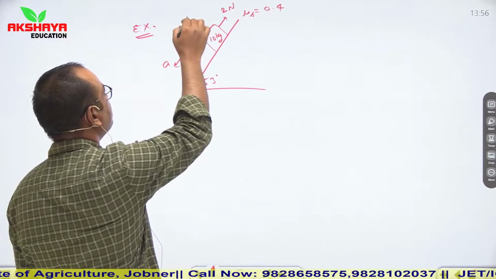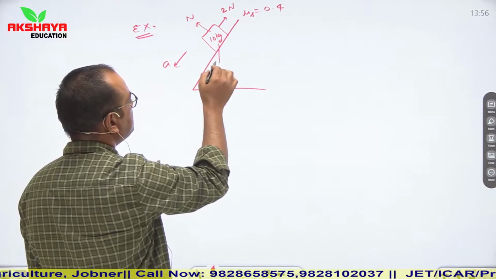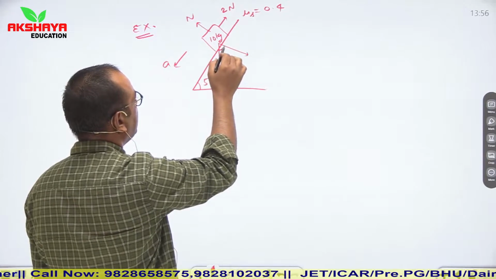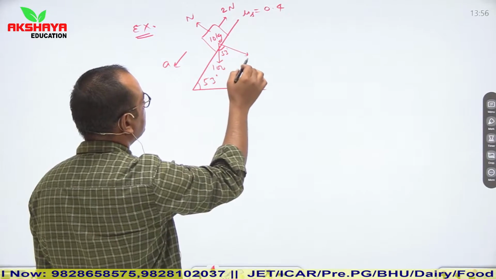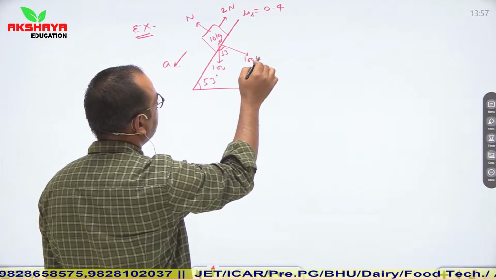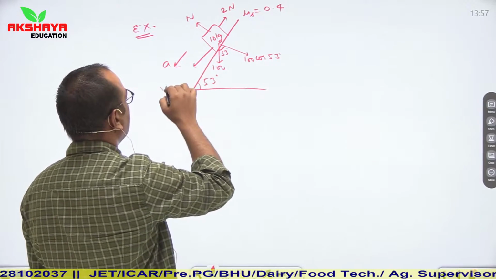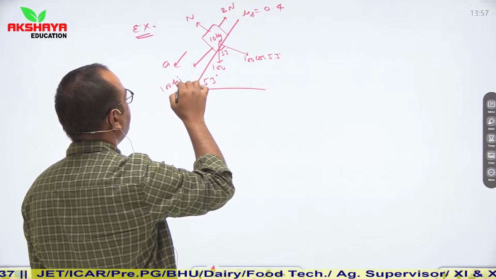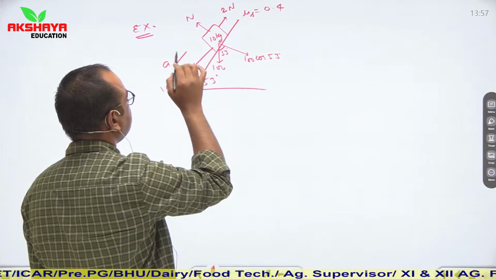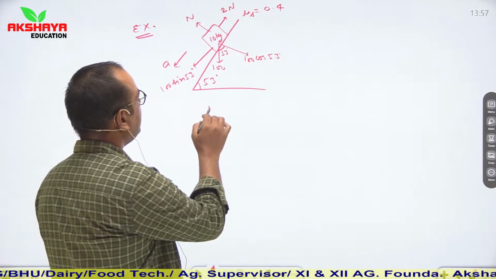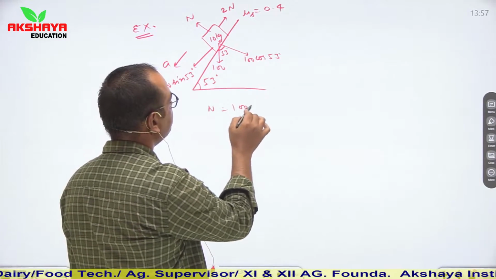So see, simple concept we have to use. This is normal reaction force N. This is mg, so 100. This is angle 53 degree. So 100 cos 53 and this is 100 sin 53. So see, in balancing condition, N is equal to 100 cos 53.